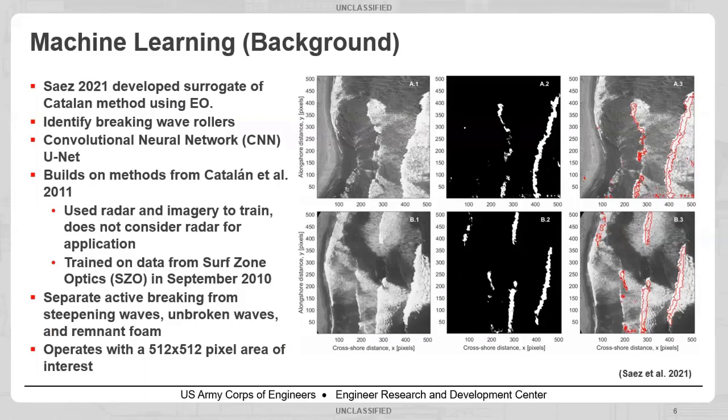This was some data collected at the FRF in September of 2010. They used the radar and the imagery to find where our breaking waves were and trained the algorithm on that. So the algorithm works in a 512 by 512 area of interest. It has a moving window that kind of identifies where the waves would be.